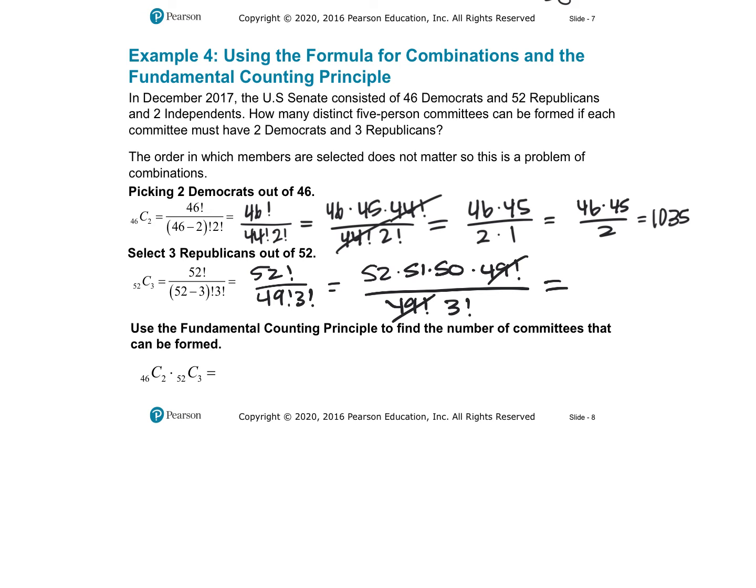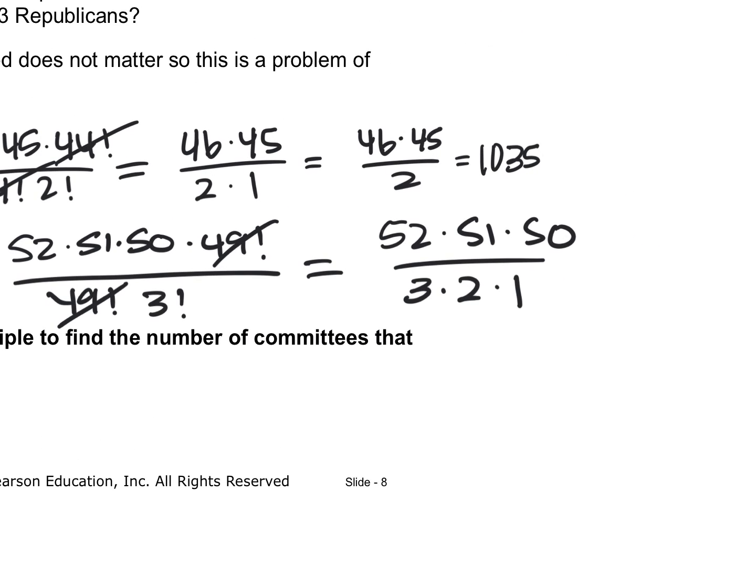You'd have 52 times 51 times 50 all over 3 times 2 times 1. If you wanted to, you could change the bottom: 3 times 2 times 1 is 6. So you have 52 times 51 times 50 divided by 6. I would put parentheses around that when you put it in your calculator, and you're going to get 22,100.